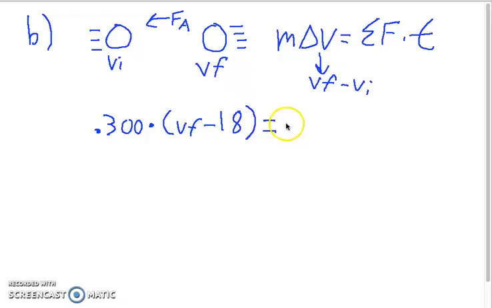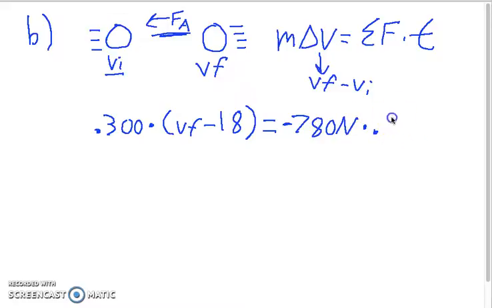And then on this side, what is the net force? It tells us the net force is 780, and it's 780 in the direction opposite to the velocity. So if you assume the initial velocity is to the right, we're going to assume that the force would be to the left. So the way I drew it, we'd assume it's negative 780 newtons times the time. It tells you it's 45 milliseconds, so we convert that.